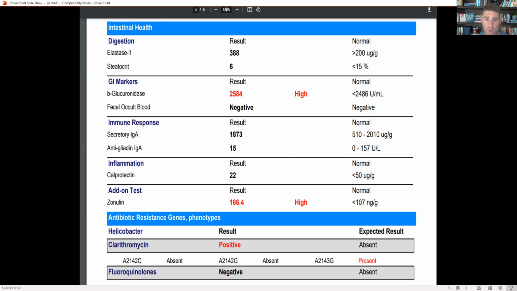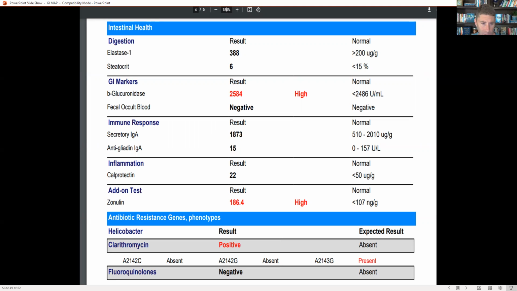Fecal occult blood, which obviously can be elevated for somebody with ulcerative colitis or colon cancer, something like that. So that's always a red flag if that's elevated. Secretory IgA, which is an immune component of the gut. Anti-gliadin IgA, so that's a marker for an inflammatory response to gliadin, which is a protein compound that's part of gluten.